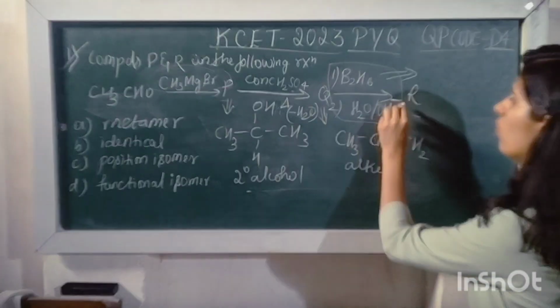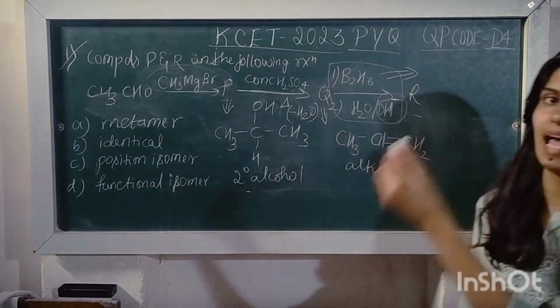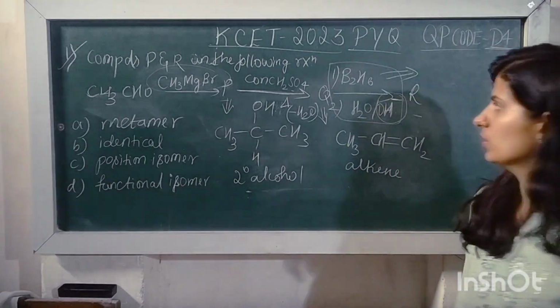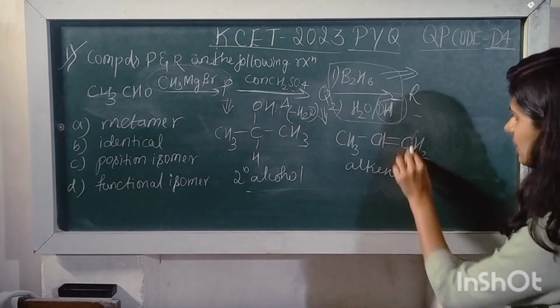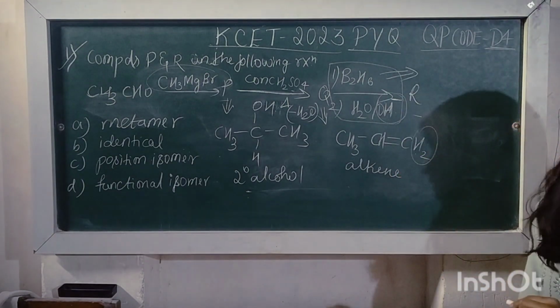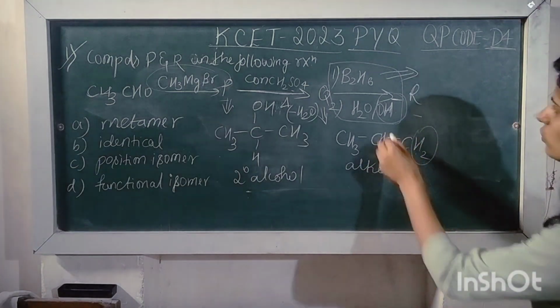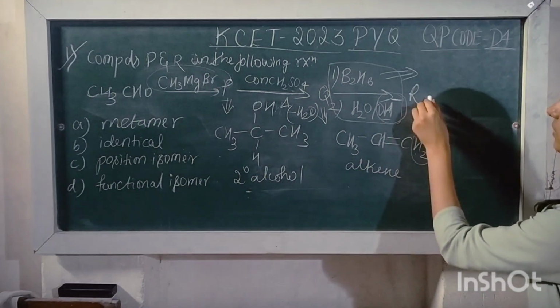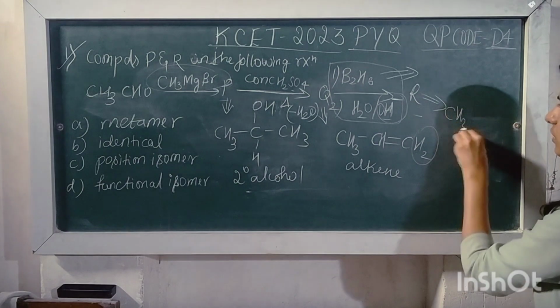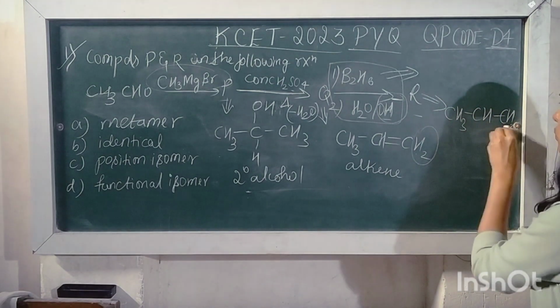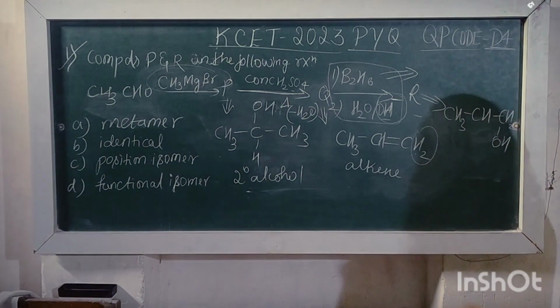The negative part, that is OH minus, attacks the carbon which has the higher number of hydrogens. Here this carbon has more hydrogens, so OH is going to attach here. Then R is going to be CH3, CH2, CH2, OH.